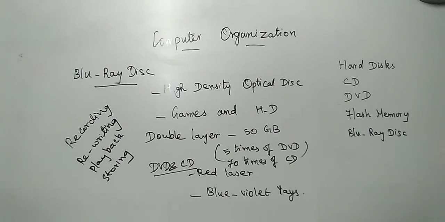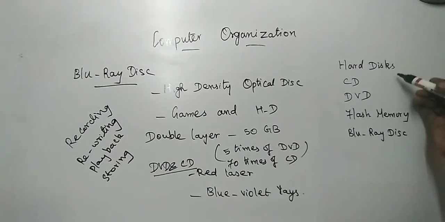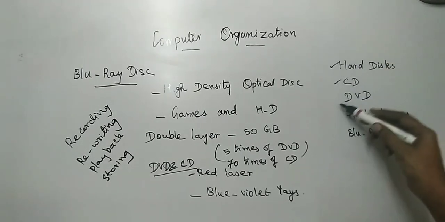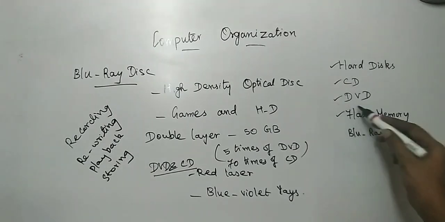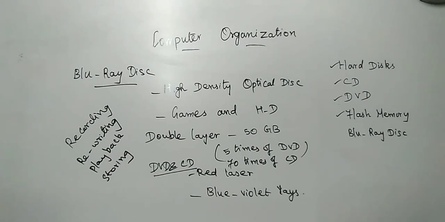So, clear with the secondary storage devices that we have discussed by today. Today we have finished the hard disk, CD. The next one is your DVD, that is your digital versatile disk. Another name is digital video disk. Similarly, we finished the flash memory, which is nothing but your pen drives and memory cards.